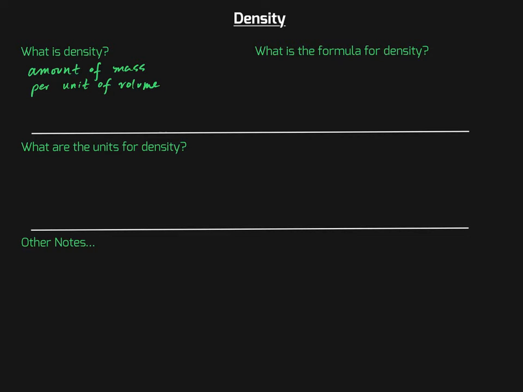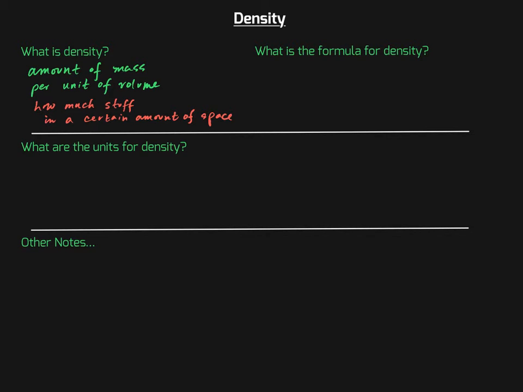We can simplify that a little bit and put it in more layman's terms, and we can just say how much stuff in a certain amount of space. Okay, so how much stuff do we have in a certain amount of space? That's our most basic definition of density. The more proper definition is the amount of mass we have per unit of volume.